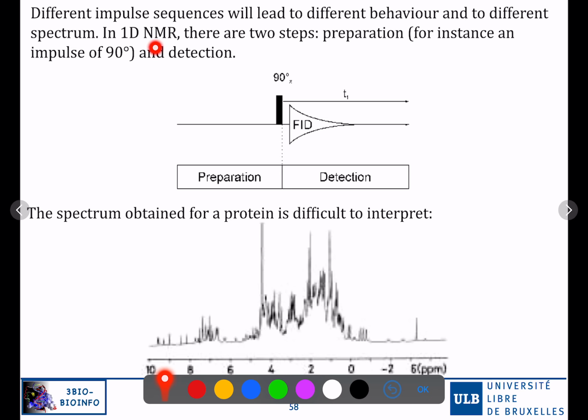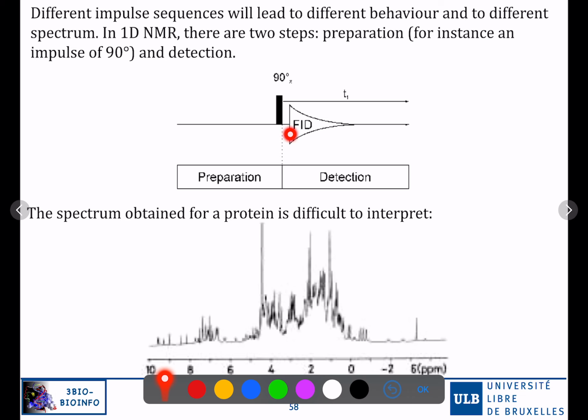So in 1D NMR, you have mainly two steps. A first step, which is the preparation, and in this case it's, for instance, a pulse of 90 degrees of the B1 magnetic field. It's here.